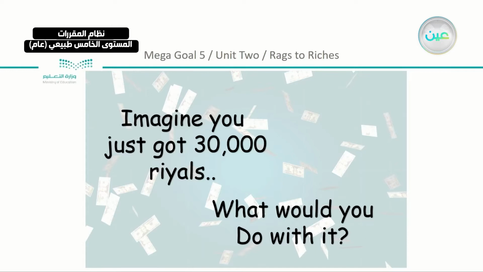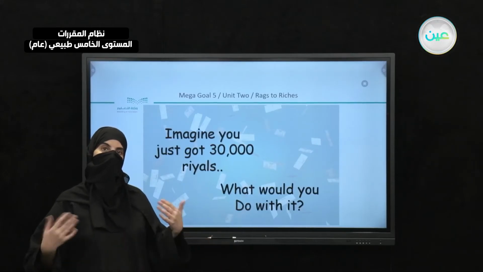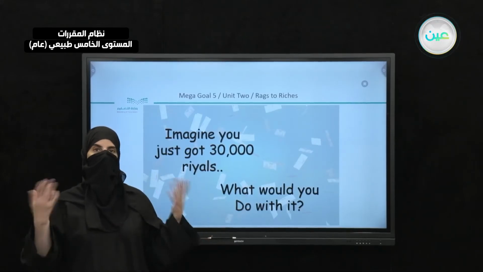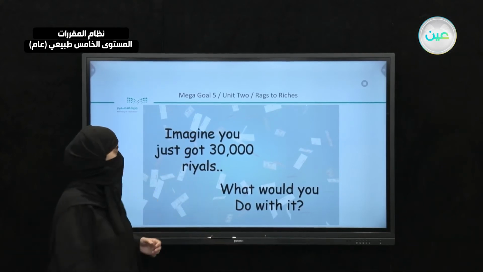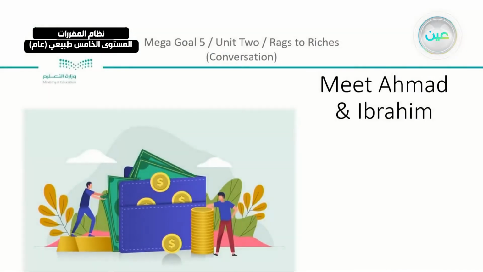So we have here the question, what would you do with it? Maybe something you had in mind before, or something that you are planning to do. Other people would prefer to do something else. So the answers can be very different. That's why we have here the conversation between Ahmed and Ibrahim. Now we are going to listen to the conversation between them.